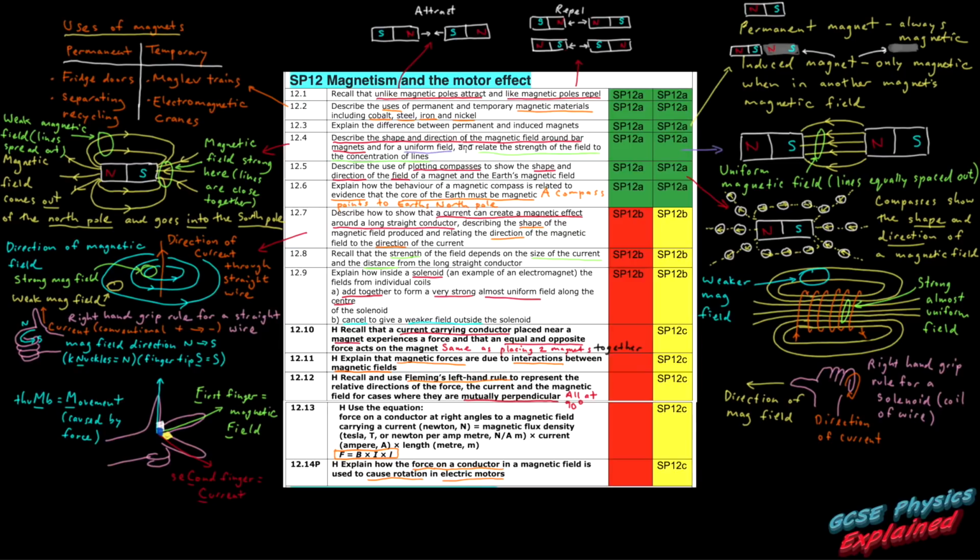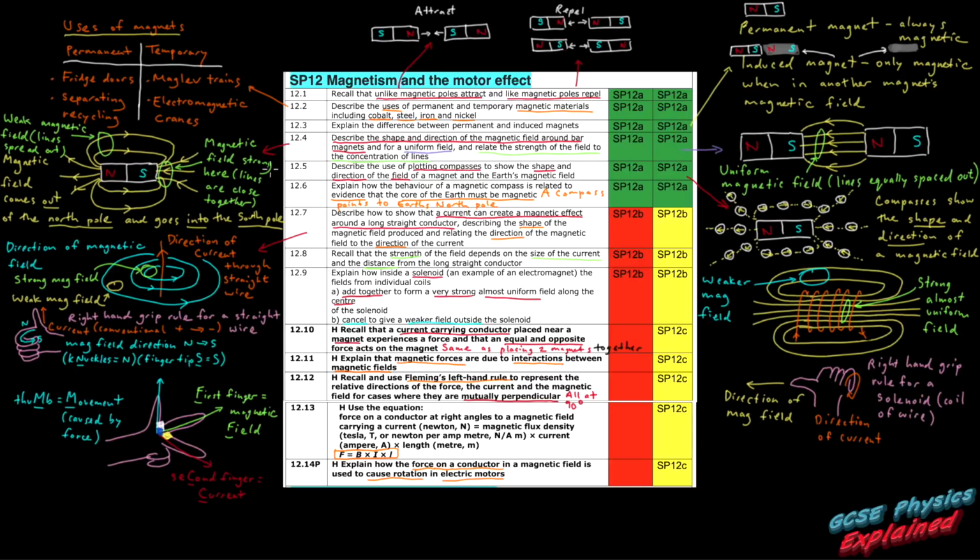Describe the shape and direction of the magnetic field around bar magnets and for a uniform field, and relate the strength of the field to the concentration of the lines. Now that's what I've just explained with the electric fields. So with a bar magnet, the lines are closest where the poles are.